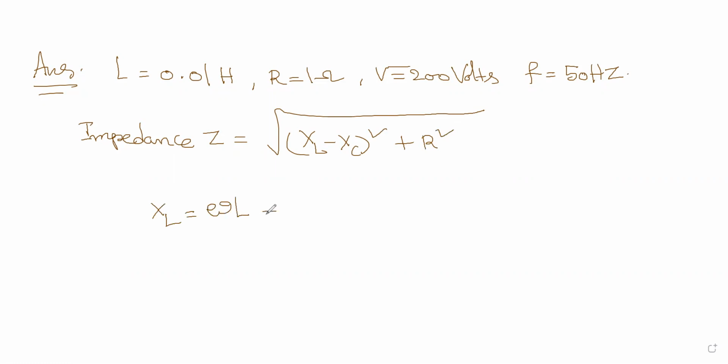It is omega L, that is 2 pi FL. XC is 1 by omega C, 1 by 2 pi fC.